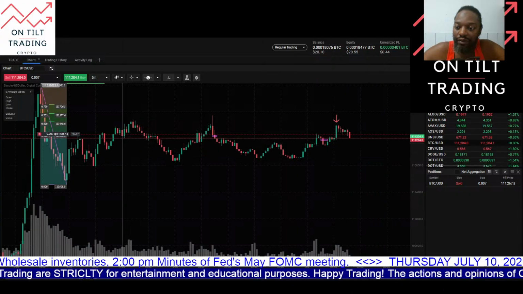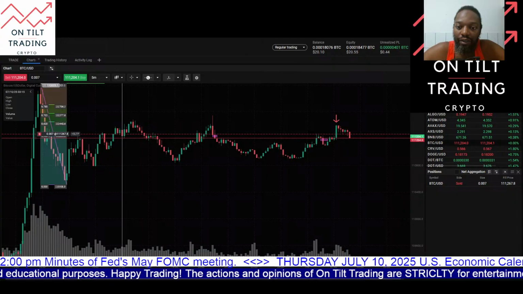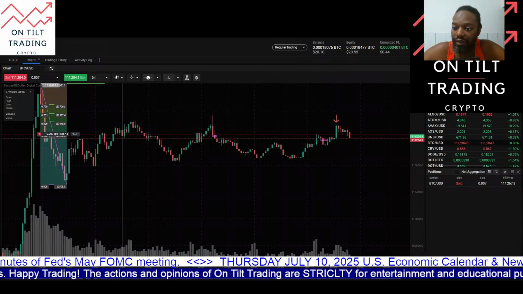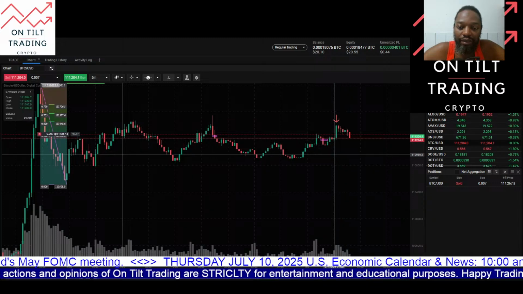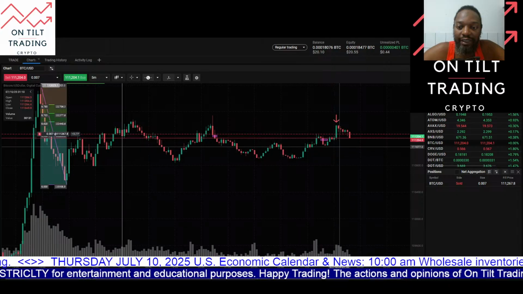So this swing low right here, this is the point that I would like to see price sell below and close below, which is 111,167.